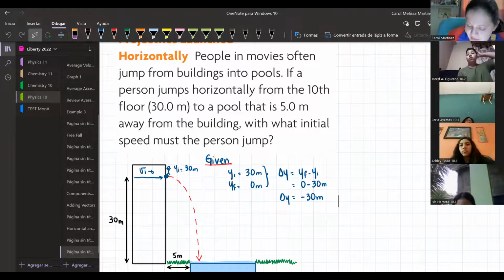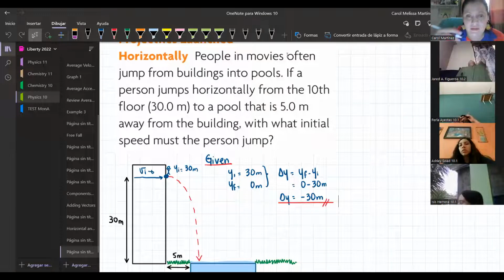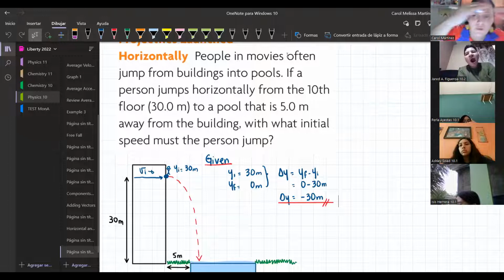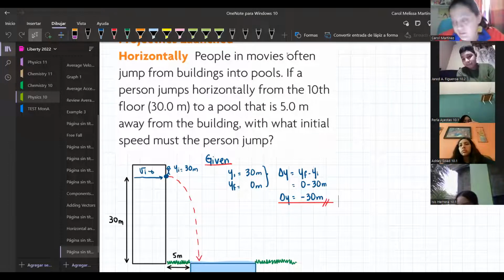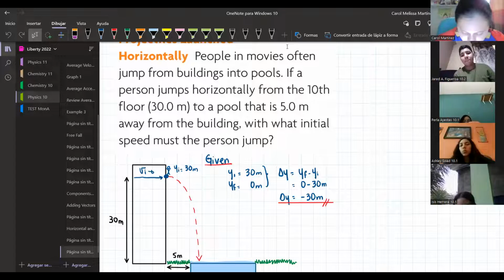Now, how do we analyze this answer? We say that here, the person ends up in a lower position than that person was initially. So that's why we have a negative change in the vertical position, because the final position is located lower than the initial position.